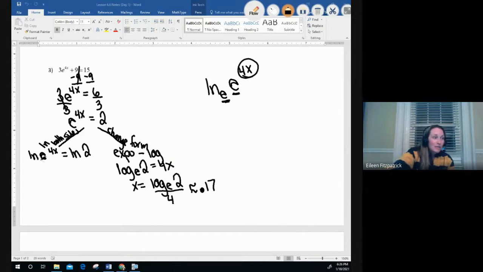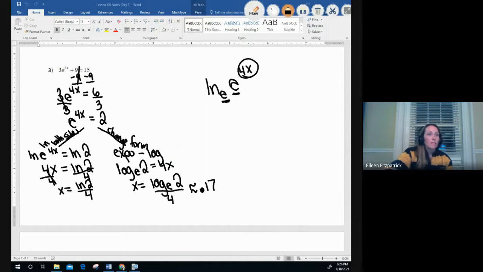So since ln has base e and the base is e, this side can just simplify down to 4x is equal to ln 2. We're trying to solve for x, so divide both sides by 4. So you have x is equal to ln 2 divided by 4.